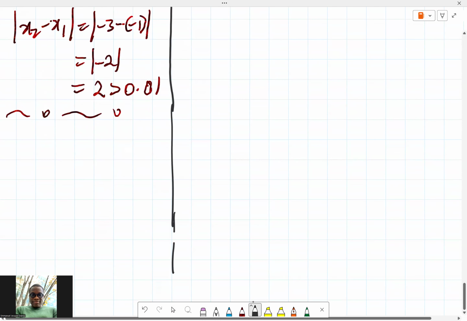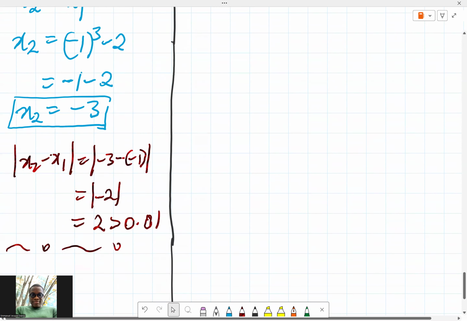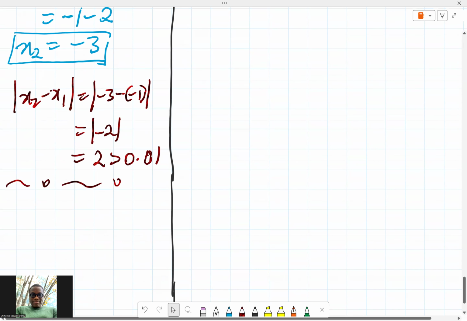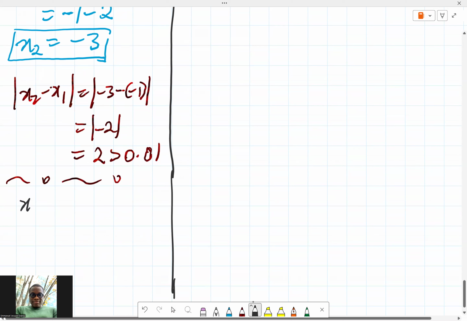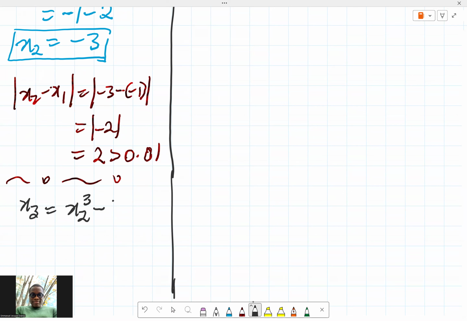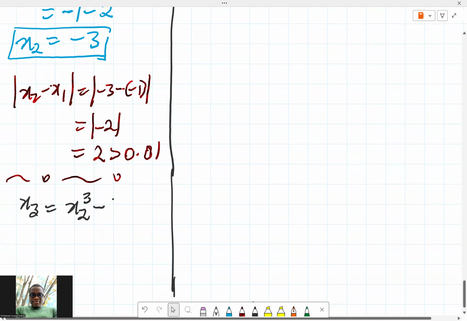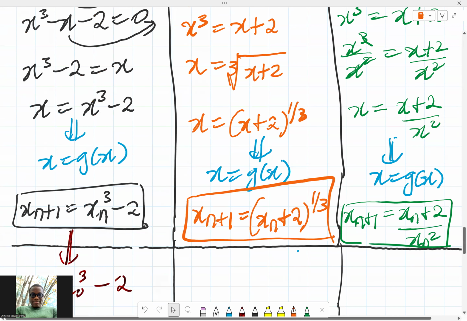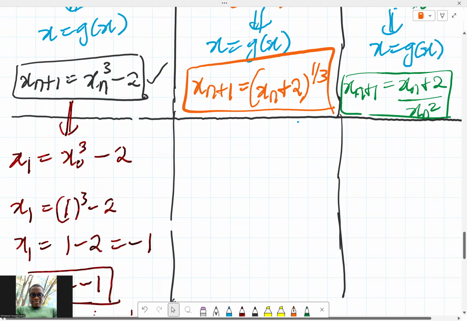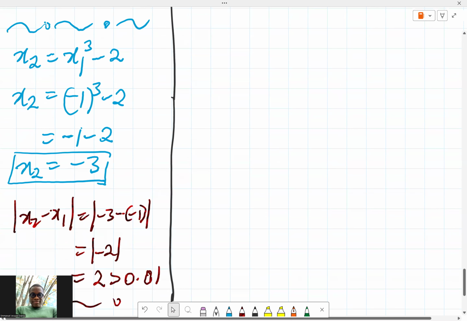So now we need to go for x3. So x3 is equal to x2 raised to power 3 minus 2. Don't forget, everything we are doing is based on this form of the expression, and it is derived from the original equation.